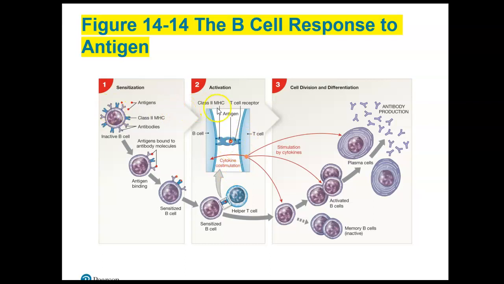All right, this is class 2. Remember the number 24. So class 2 would always interact with a CD4 T cell receptor, or marker. So anyway, after that part, your activated B cell will divide into plasma cells, which produce antibody, and memory B cells.